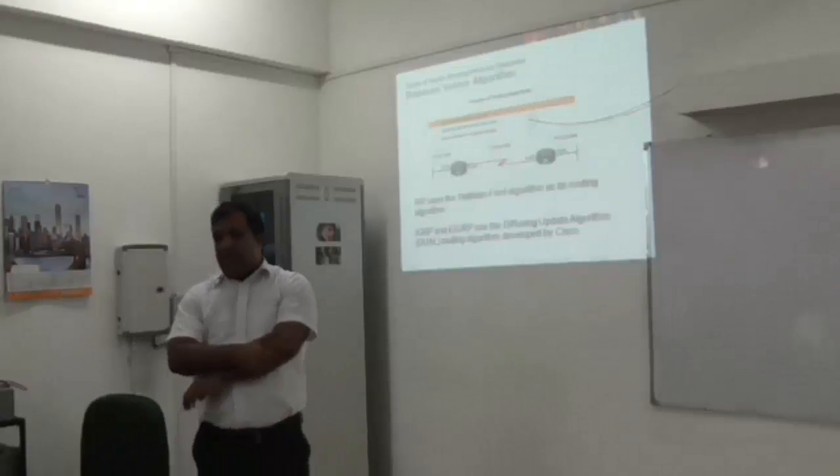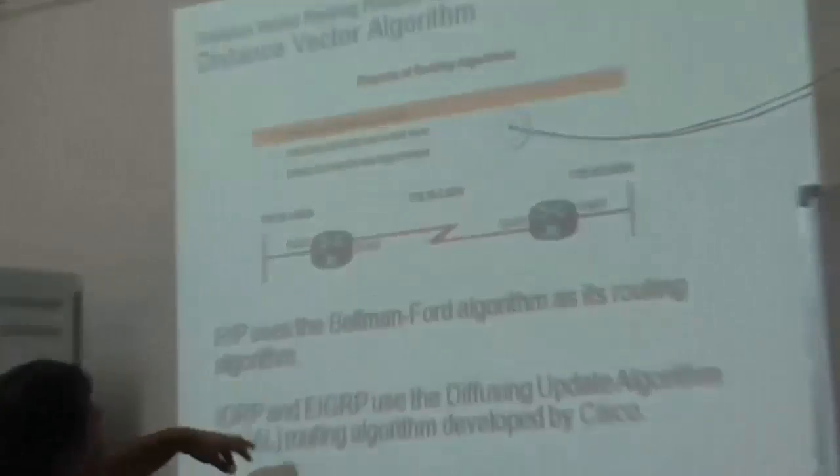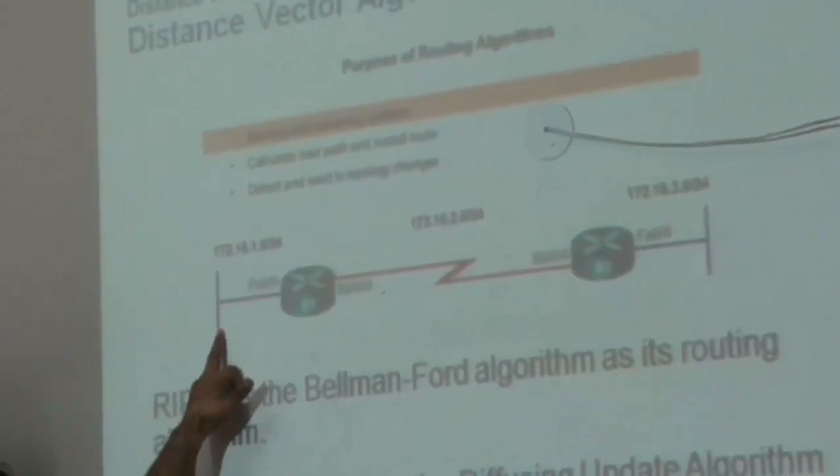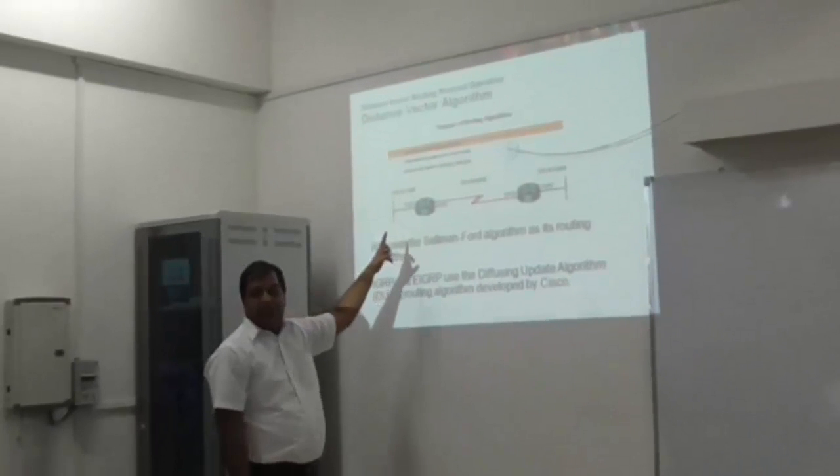In a distance vector routing algorithm, here there are two routers. One router is connected to Fast Ethernet at the IP address 172.16.1.0/24.